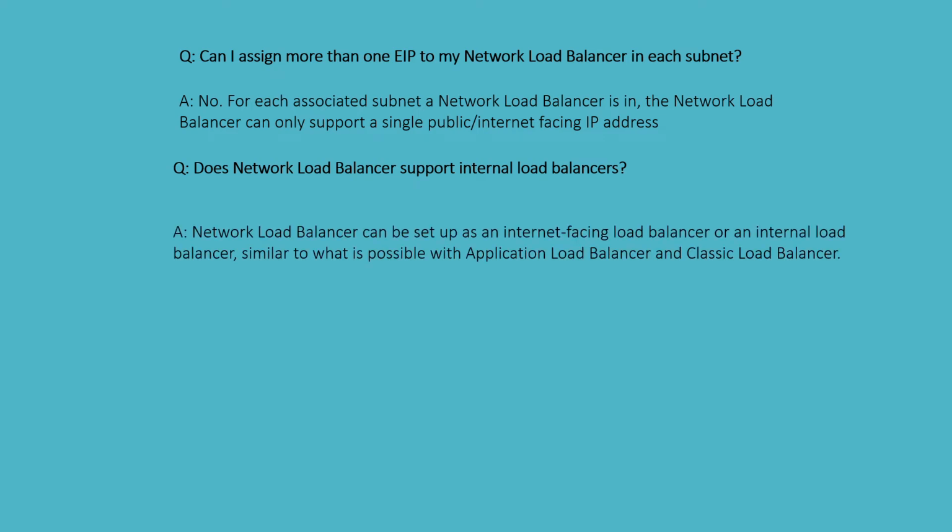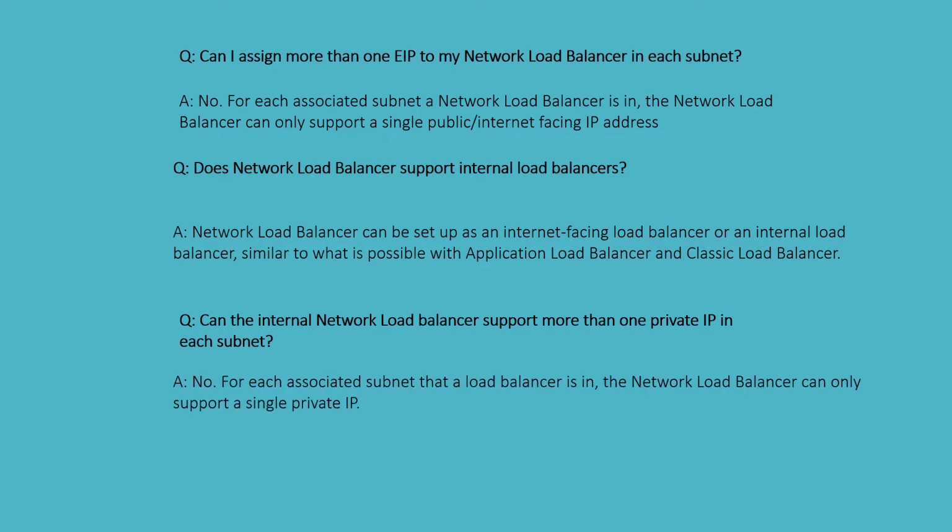Does Network Load Balancer support internal load balancers? Network Load Balancer can be set up as an internet-facing load balancer or an internal load balancer, similar to what is possible with Application Load Balancer and Classic Load Balancer. Can an internal Network Load Balancer support more than one private IP in each subnet?